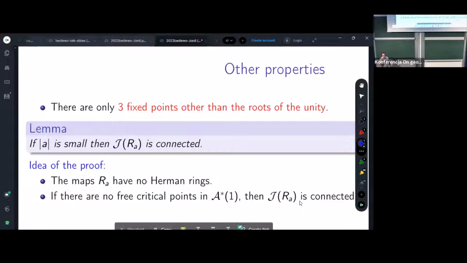Since there is only one critical orbit, and in order for a preimage of a simply connected Fatou component to be multiply connected, you need more than one free critical point. So you can use that to prove that if the modulus of a is small enough, the Julia set is connected, because the immediate basin of attraction of the roots cannot contain any free critical point.